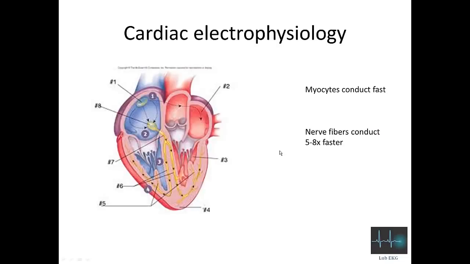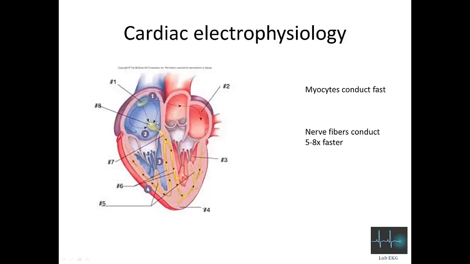Okay, so let's talk a little about cardiac electrophysiology. What is important to know from this, and hopefully you had it during your physiology classes if you went to medical school, is that each and every cell in the heart, whether myocytes or nerve cells, even cells in the vena cava and pulmonary veins, are pacemakers.